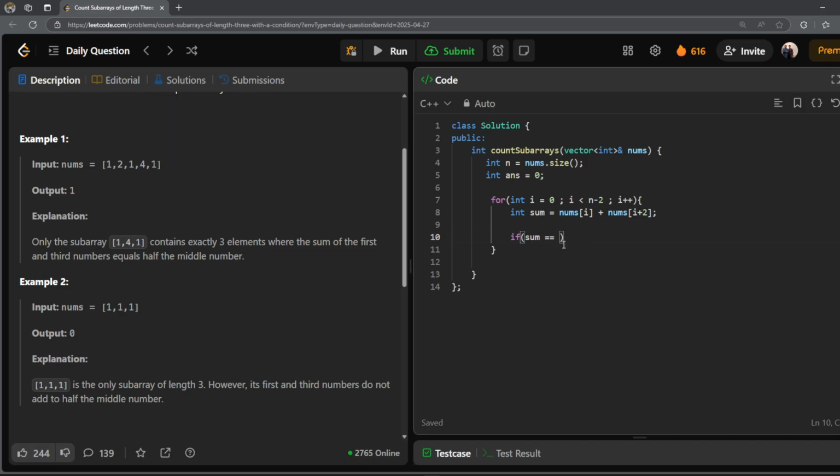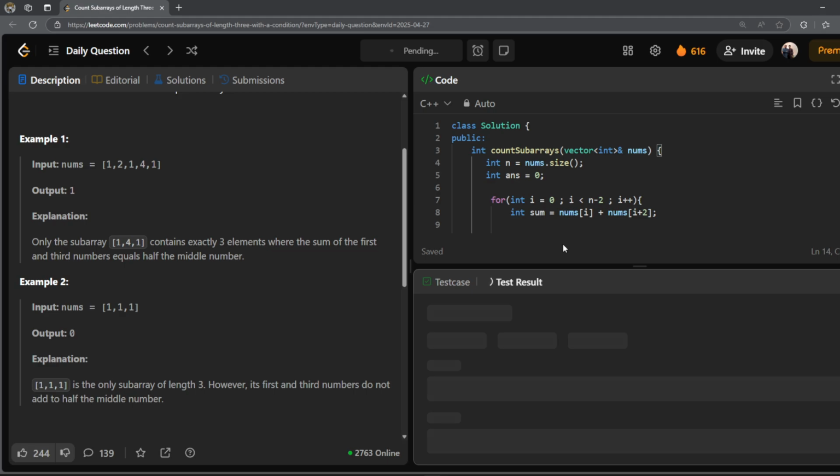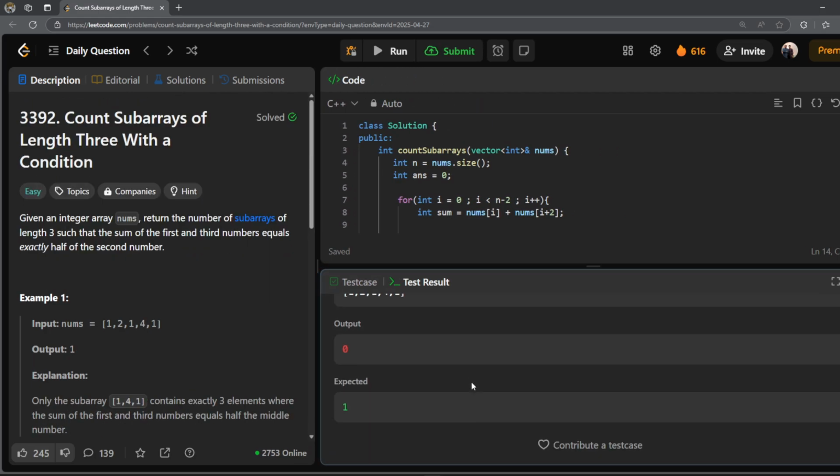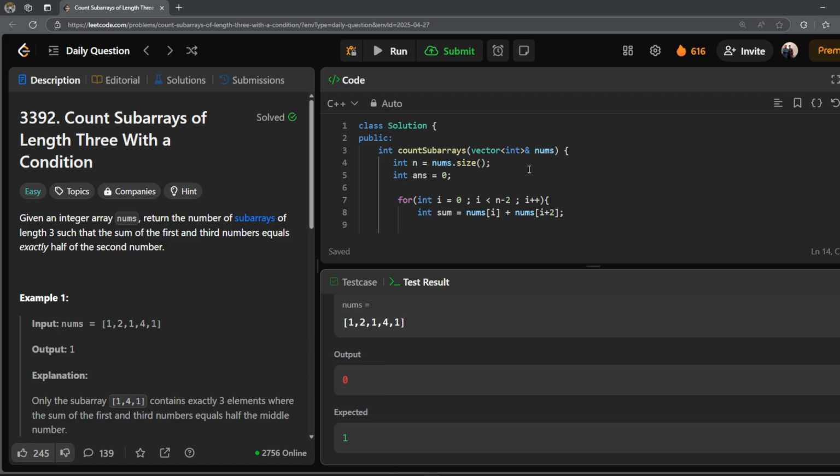Half of this number, so nums of i divided by 2. Then I need to do ans plus plus, and I will just return the ans as my answer. Let's see if it passes the given test cases. It does not. Output is 0, whereas the expected output was 1.